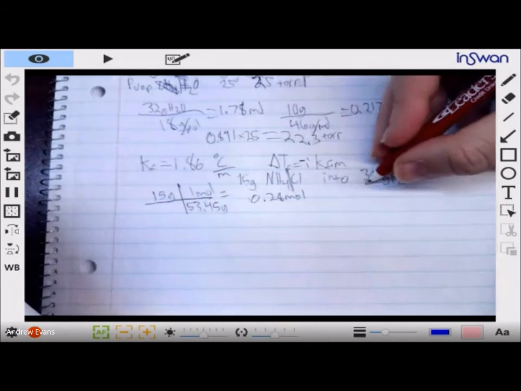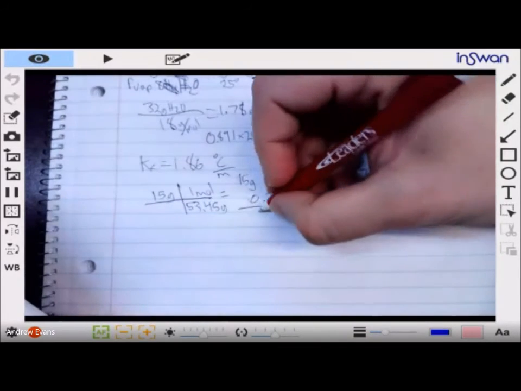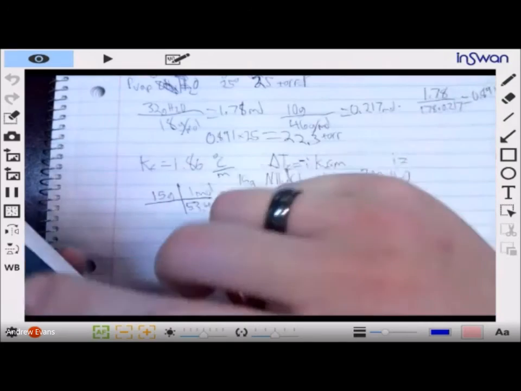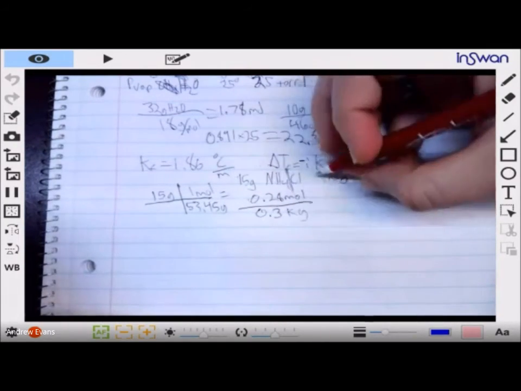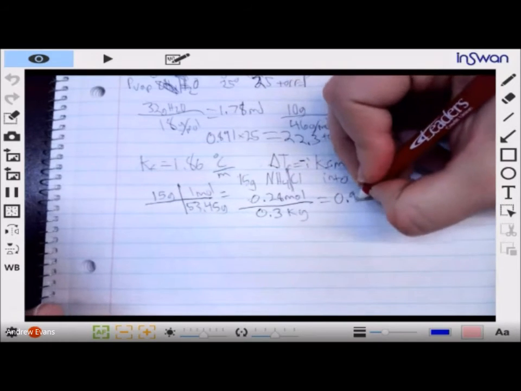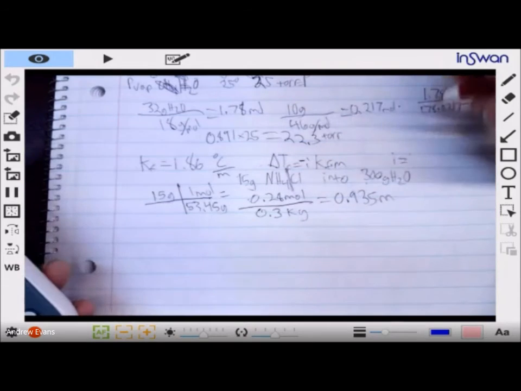Now divided by kilograms of solvent. So 300 grams is equal to 0.3 kilograms. So 0.935 is our molality.